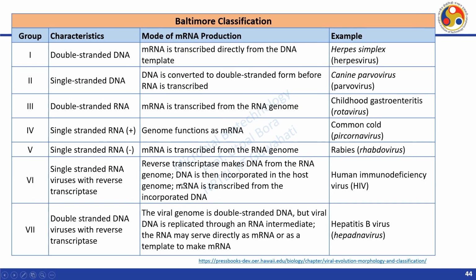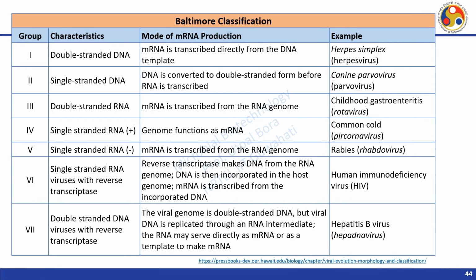In group 3, mRNA is transcribed from the RNA genome, for example in the case of rotavirus. Then in the 4th case, the genome functions as the mRNA because this has a single stranded positive RNA. Picornaviruses, which cause the common cold, are classic examples of these.